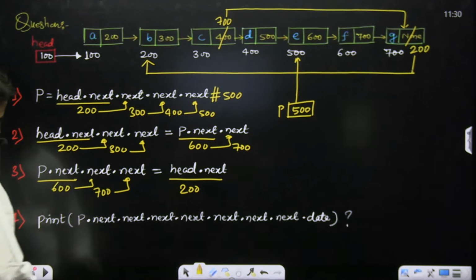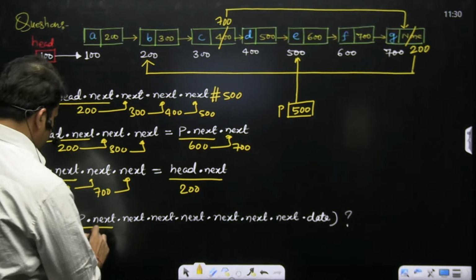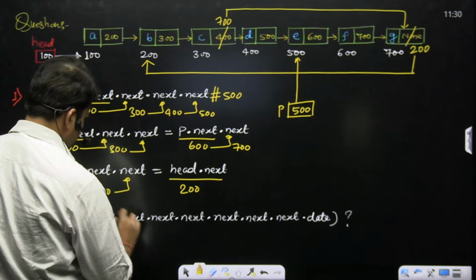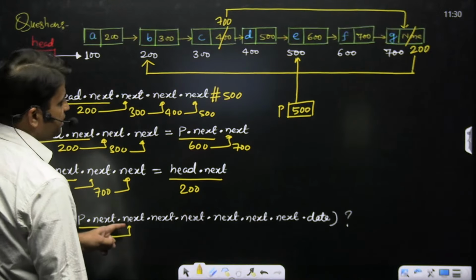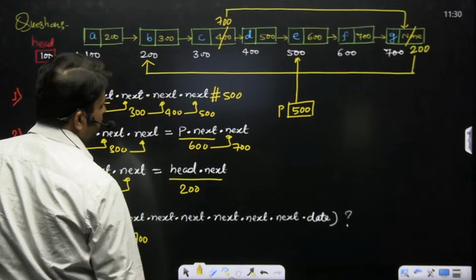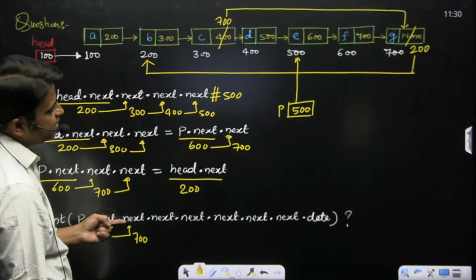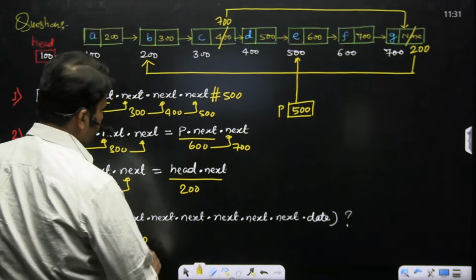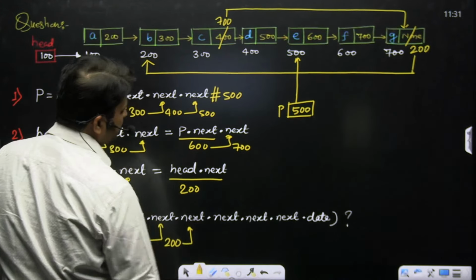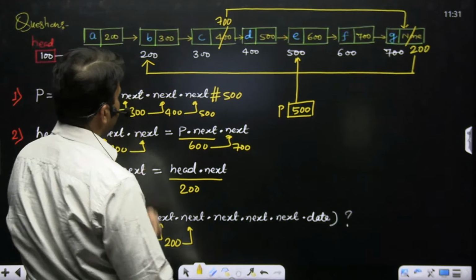Now the fourth line, student. P dot next is 600. 600 next is 700, and 700's next is 200. And 200's next is 300.